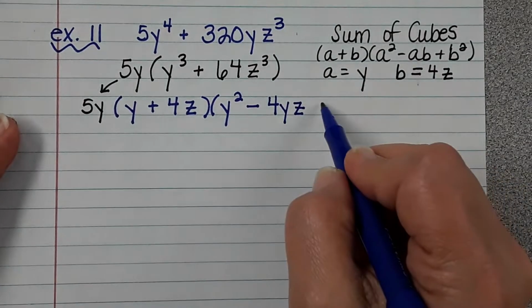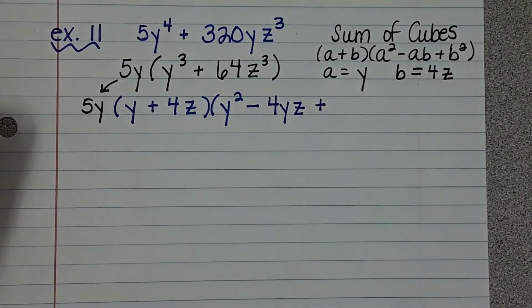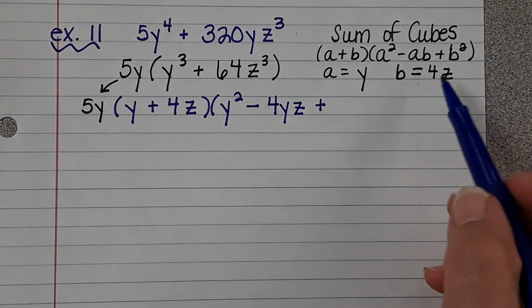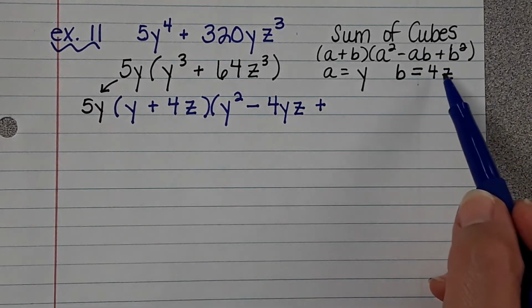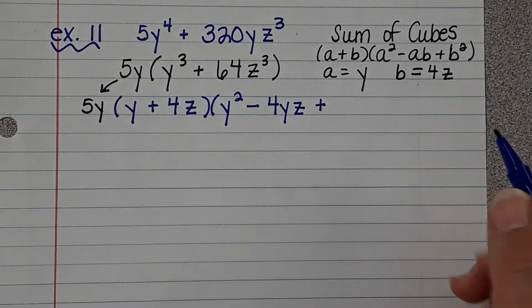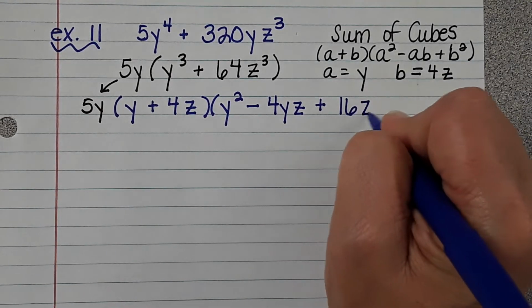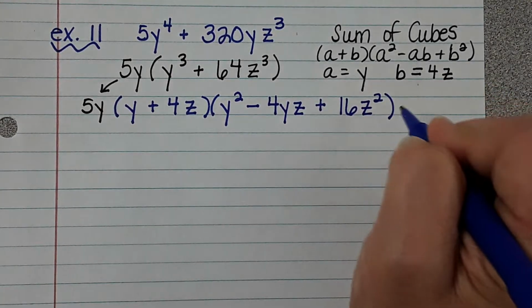Is there a reason? It's like an unspoken rule, so everything lines up. And then b squared, 4z times 4z. 16z squared. There you go.